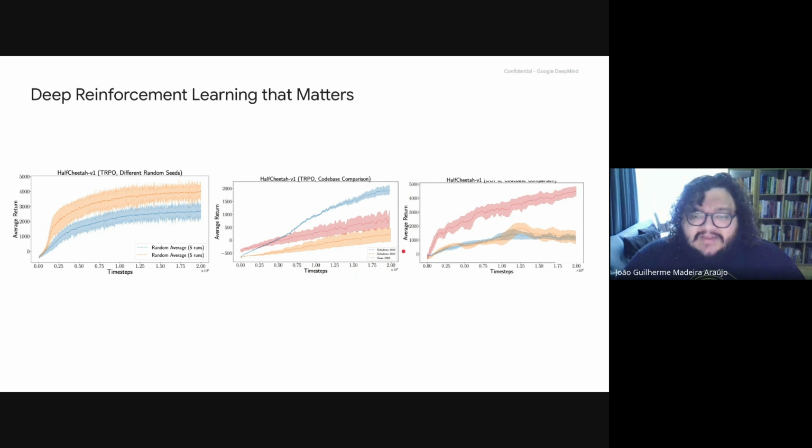And the funny thing is that for the blue and the orange ones, which have this huge gap in performance, it's the same implementer. It's the same person implementing and the author of the algorithm. And just a difference in code base, and you see a huge gap in performance.